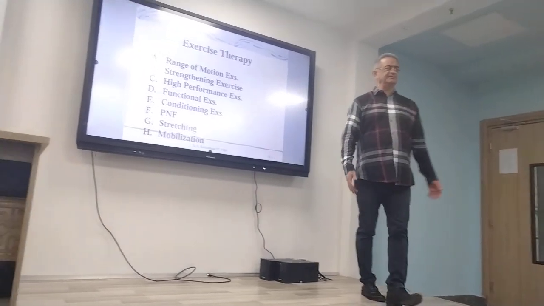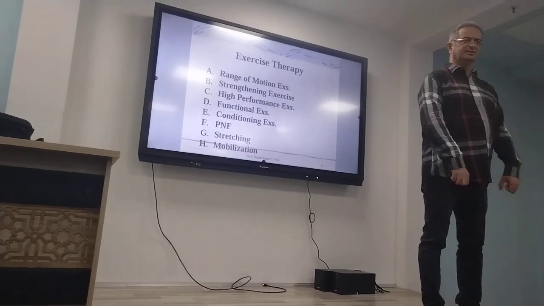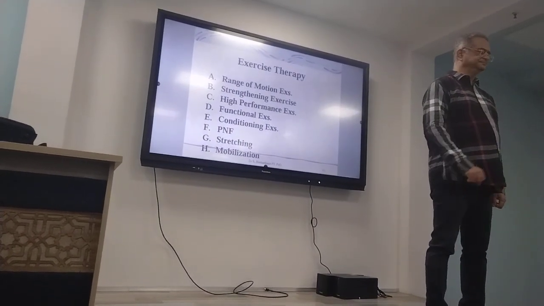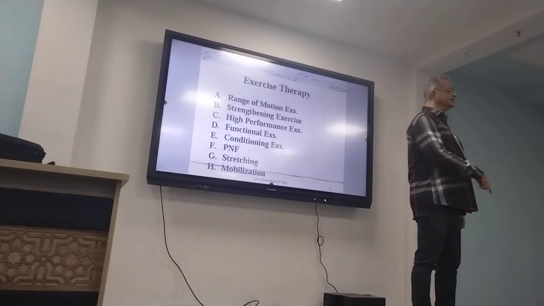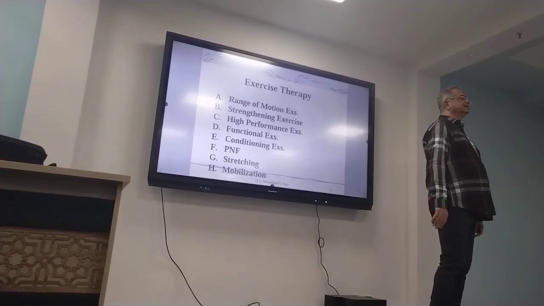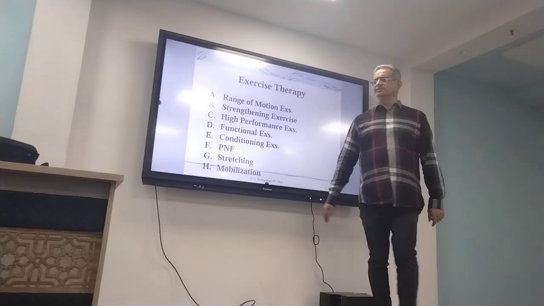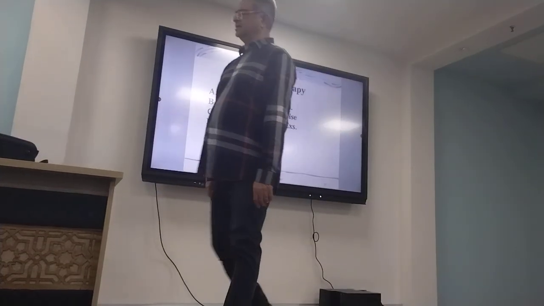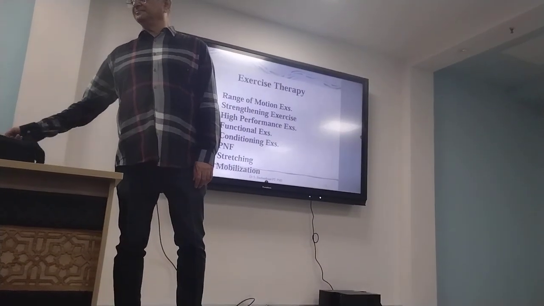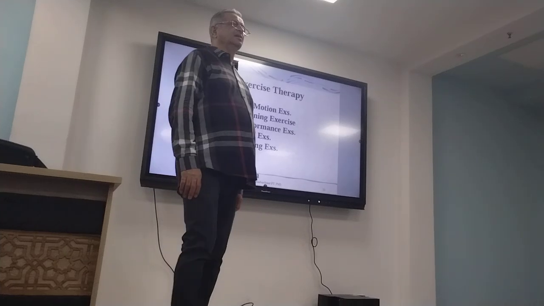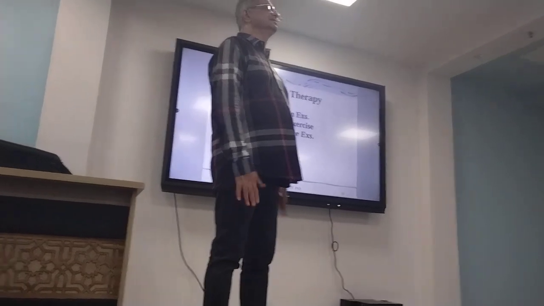Okay? And what about the isometric? You know that, like a palm. Okay, which one has higher tension? This is a point that probably you read in exercise therapy. Which one has higher tension?